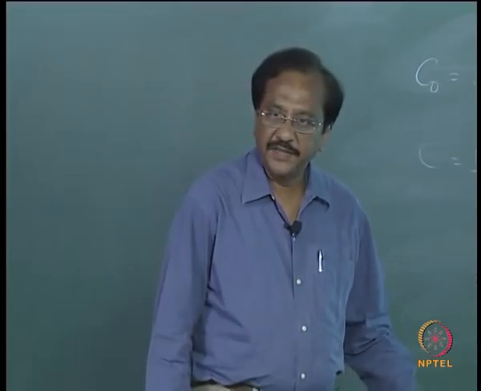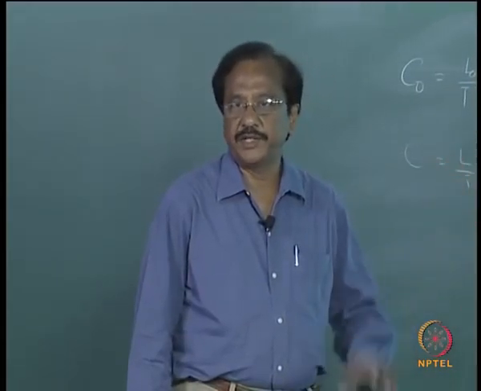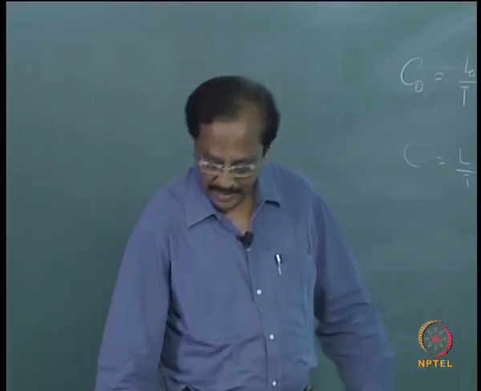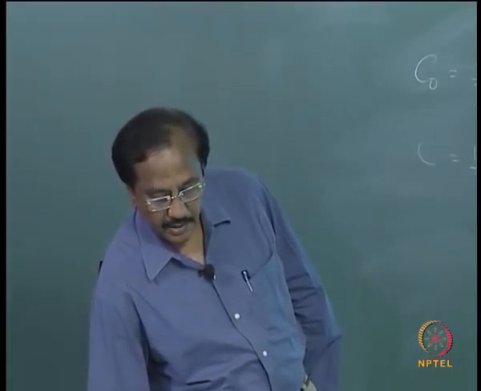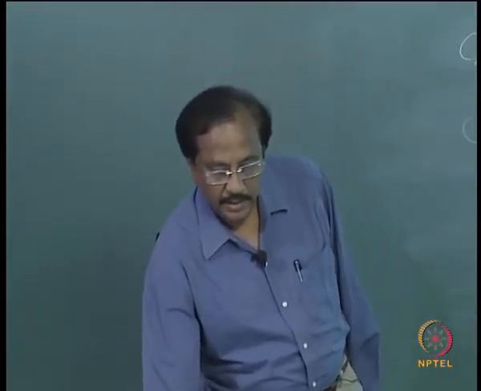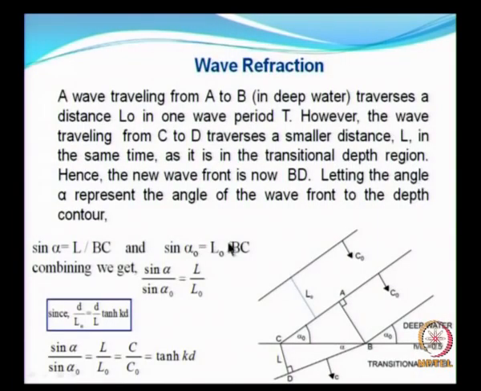So, what exactly is happening? This is bending of the wave crest. I will come back to this again. Now, in this picture, what is this? This is nothing but the wave direction.